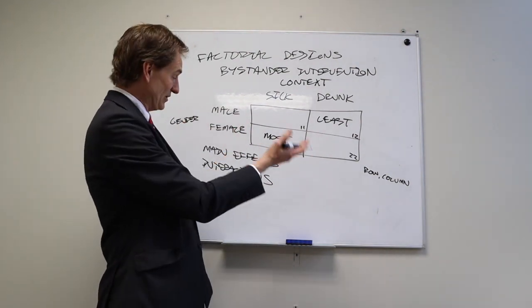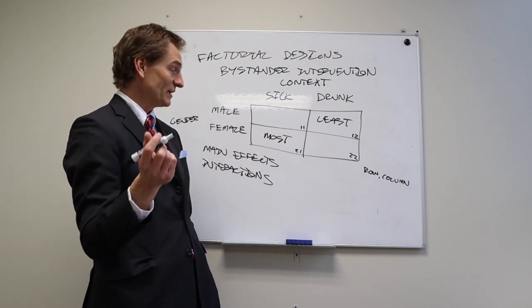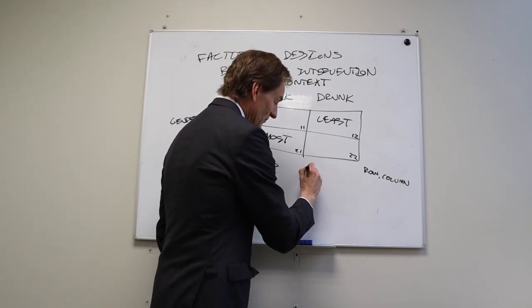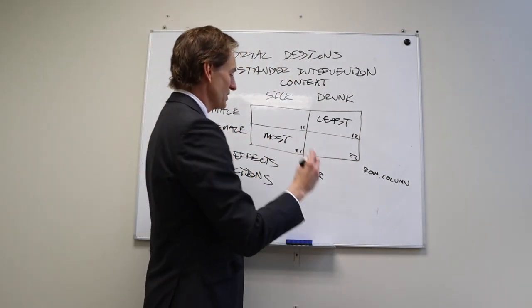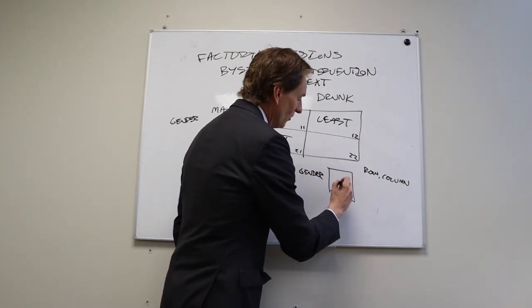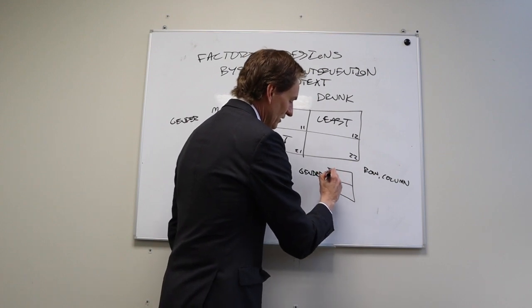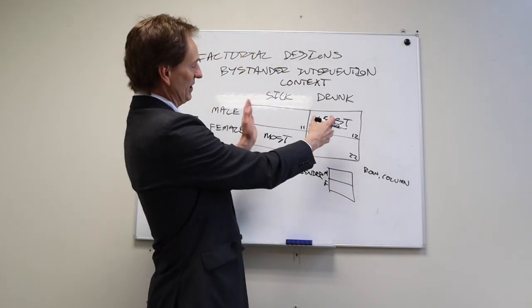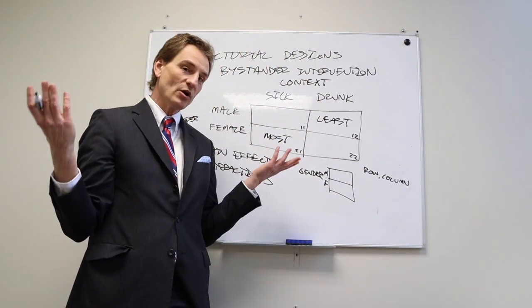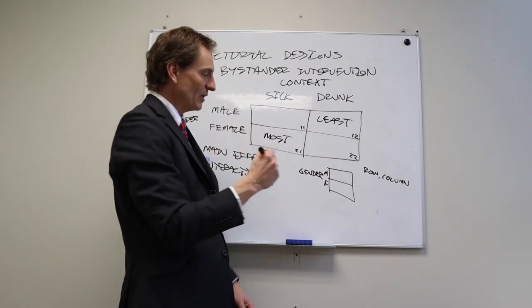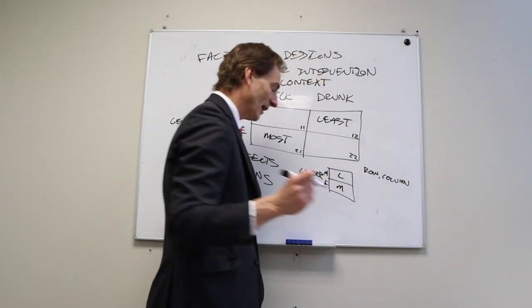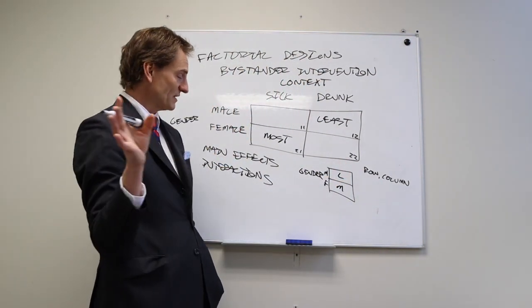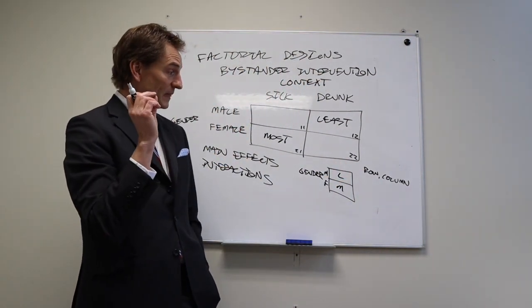So for this particular study, we have a main effect for gender, okay? And what we do is essentially we collapse across the other variable. And so we have male and female. So we collapse across sick or drunk, and we just want to know who's helped more often, men or women. And so women are helped more, men are helped less. Okay, so that's the gender main effect.